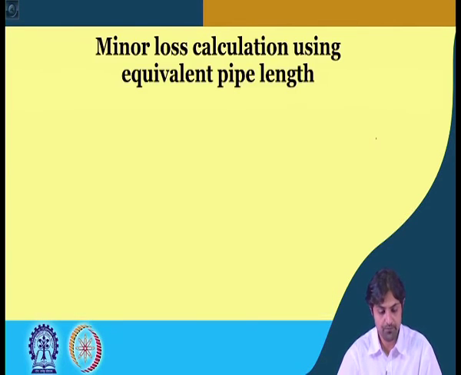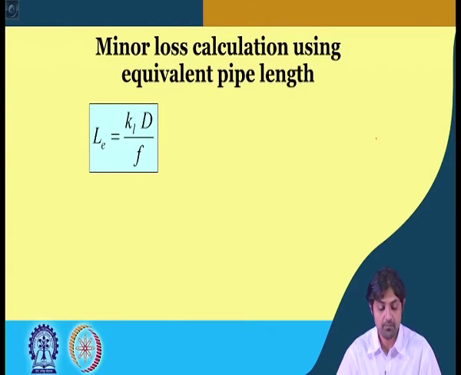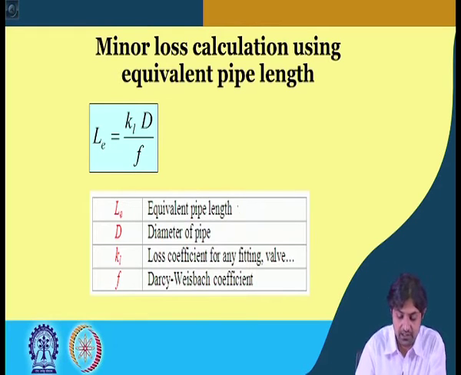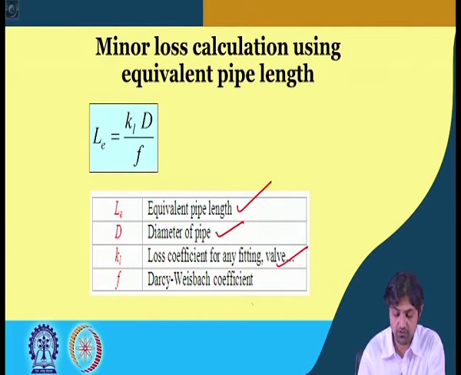All right. So minor loss calculation using equivalent pipe length. So equivalent pipe length can be written as Le = KL into D by f, where Le is the equivalent pipe length that we are going to calculate, D is the diameter of the pipe, KL is the loss coefficient for any fitting or valve and f is the Darcy-Weisbach friction factor.